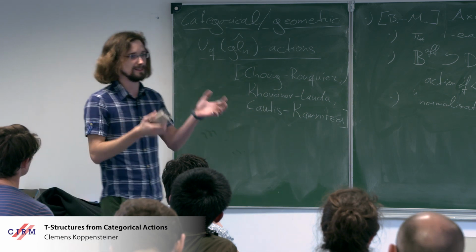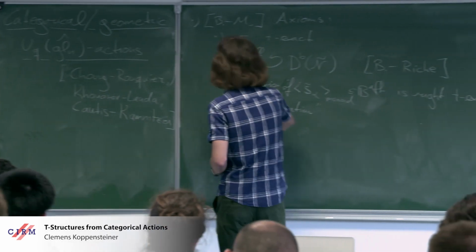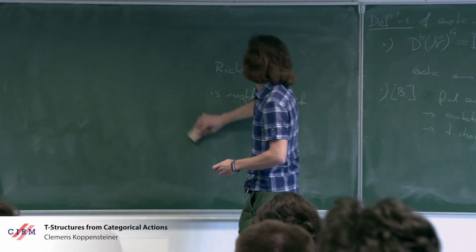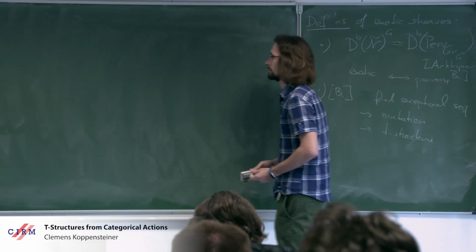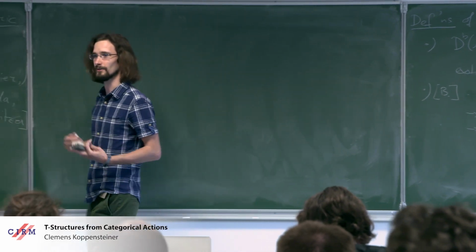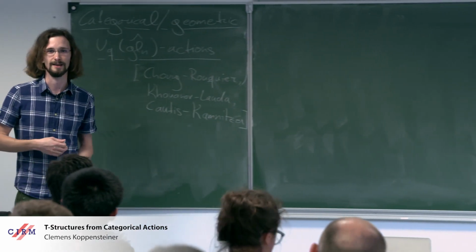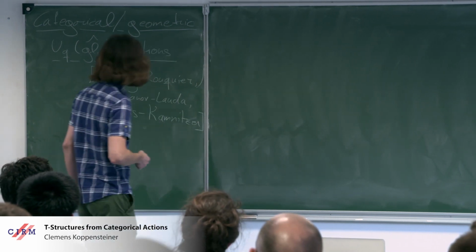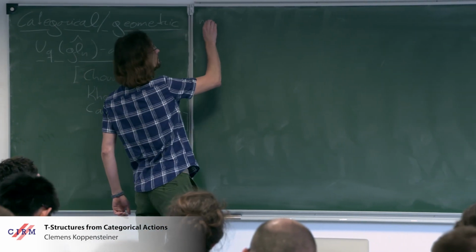But I won't go into any deep detail in what this involves, because the result I want to talk about is more combinatorial. So I just want to give you an overview of what the combinatorics of such a thing should be. And some notation.